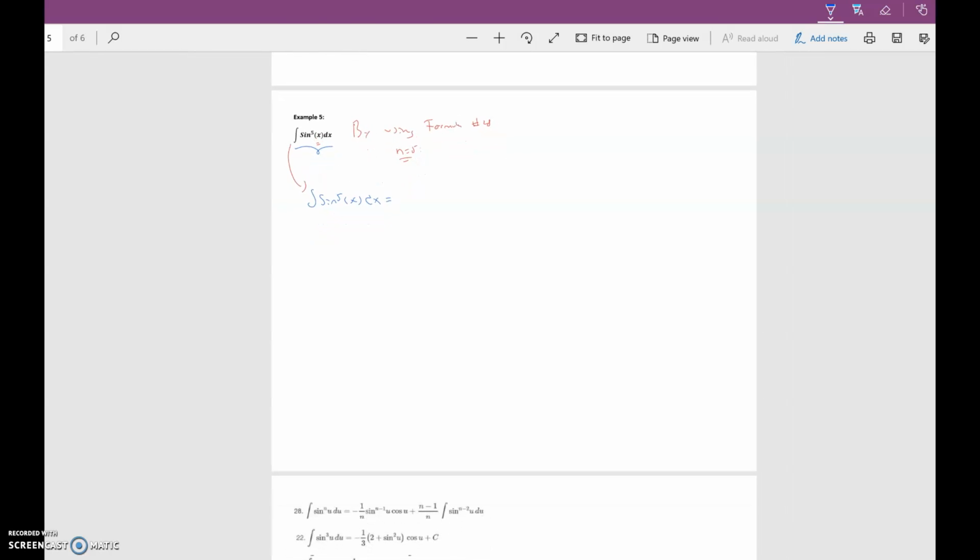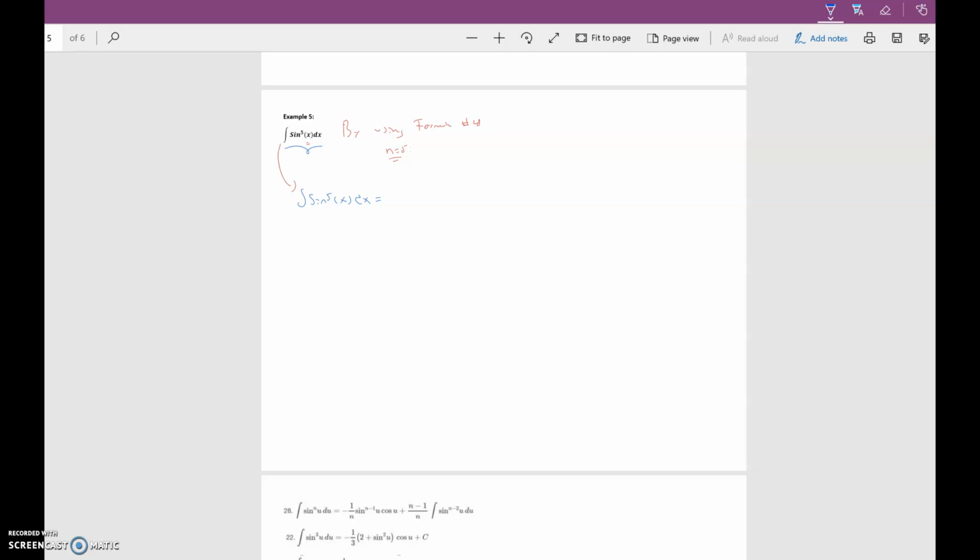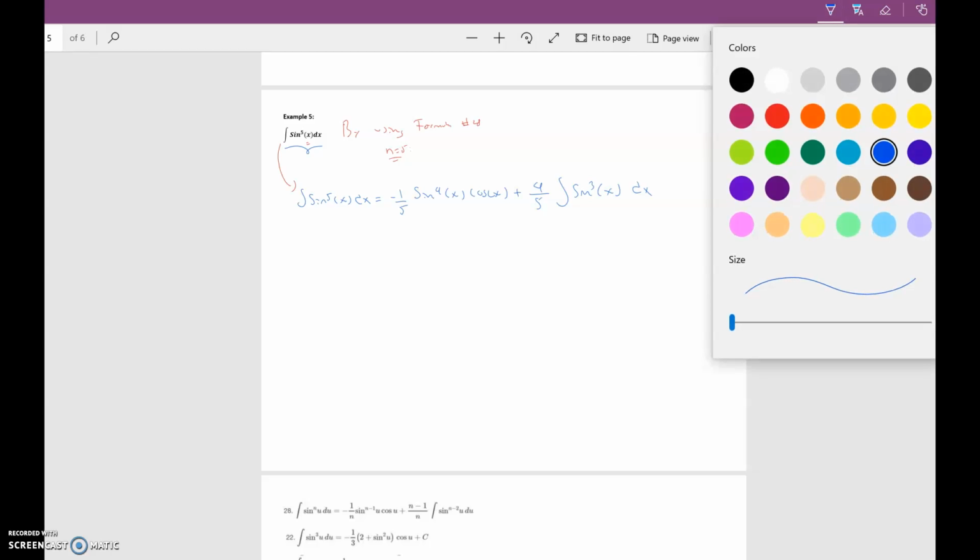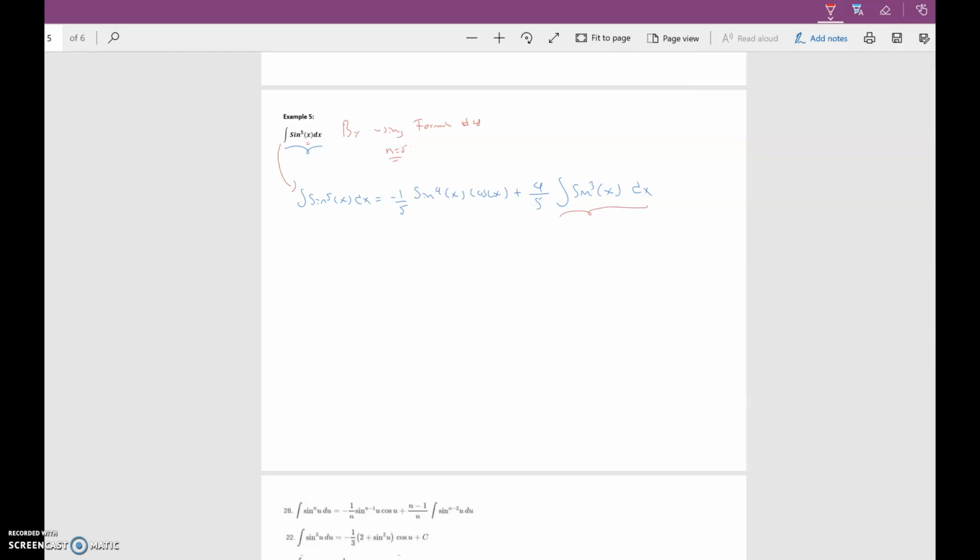You can actually use the first formula, and we're looking at -1 over n, so -1/5 sine to the fourth power of x, then cosine of x to the first power plus, and we're going to have n-1, so in this case 4/5 integral of sine, technically n-2, so it's going to be to the third power of x dx. There should be a c already in there, but we'll apply it in a minute.